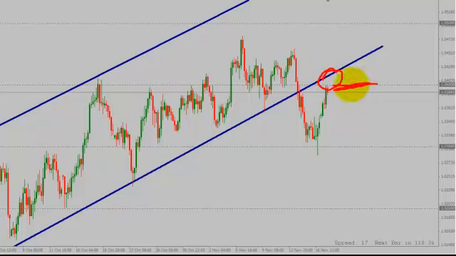Where it is now is good, but it's a round number and a former support which broke down, and I'm not trading that. I'm trading this line. So I will be waiting for the market to get back to this line, and the market reaction on that line will determine my decision in that area.